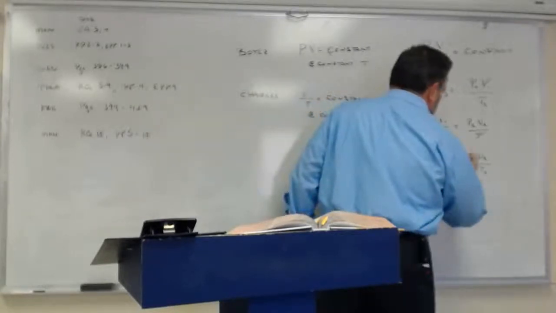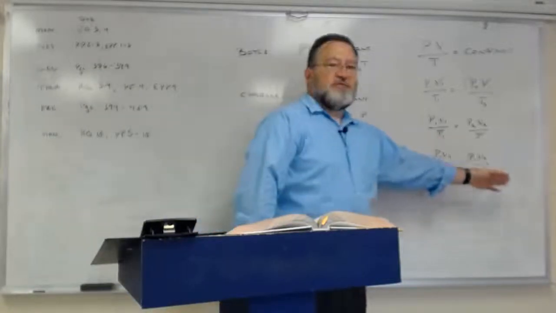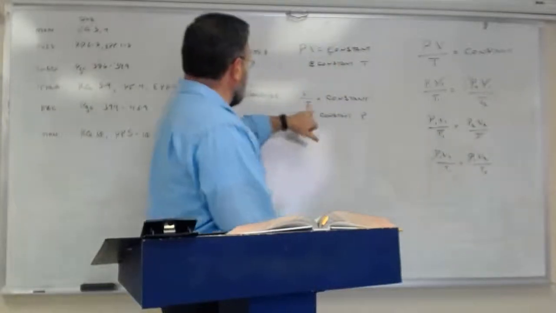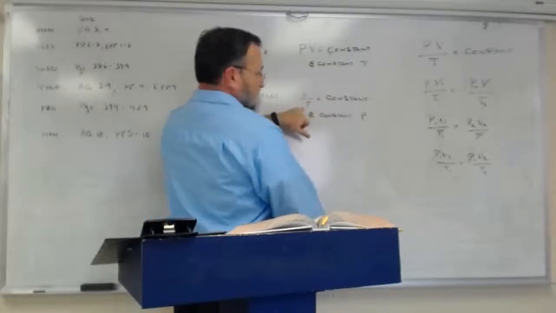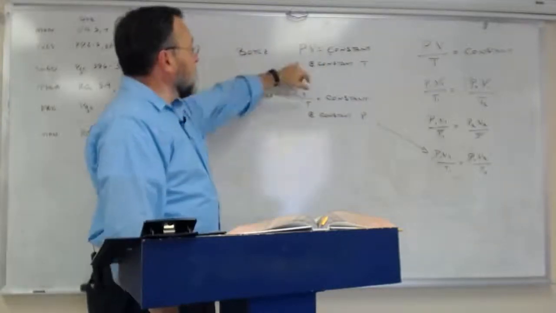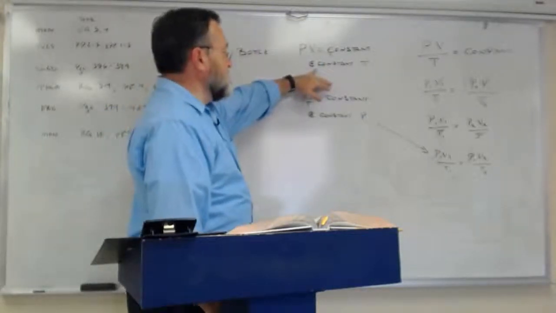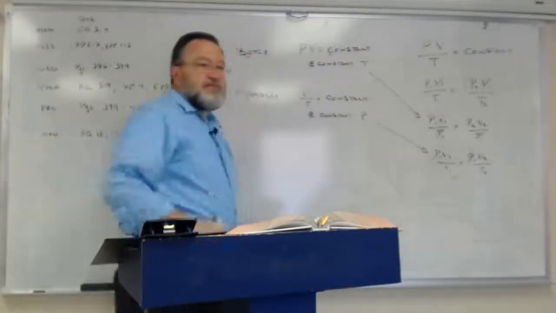I can eliminate that from consideration, and now I have V1 over T1 is equal to V2 over T2. Oh, but look, we already know that at constant pressure, V over T is constant. Well, guess what? There it is. And here, Boyle's law, when temperature is constant, P times V is constant. It's right there. See that?